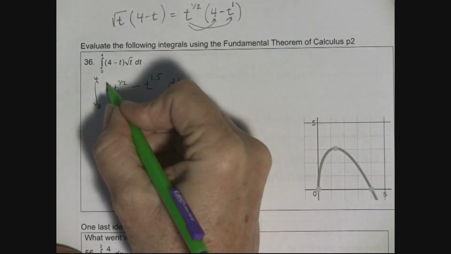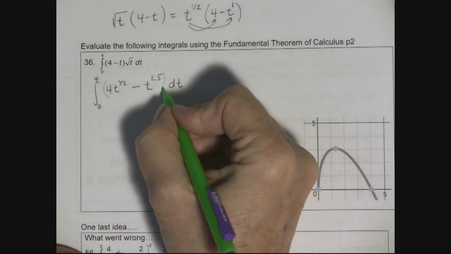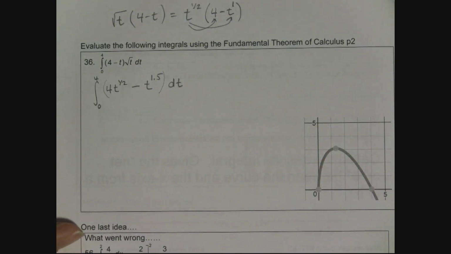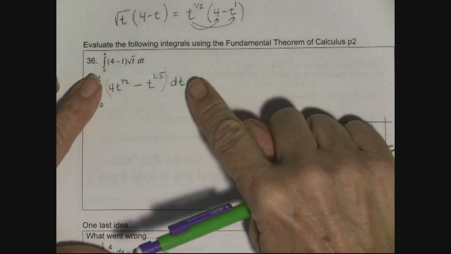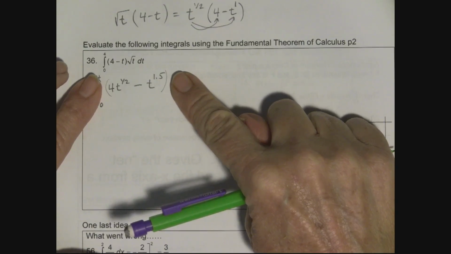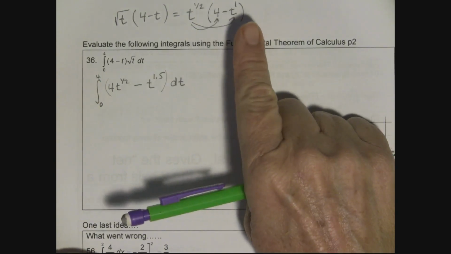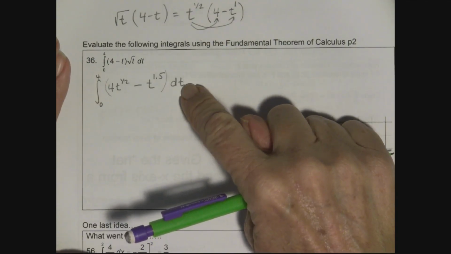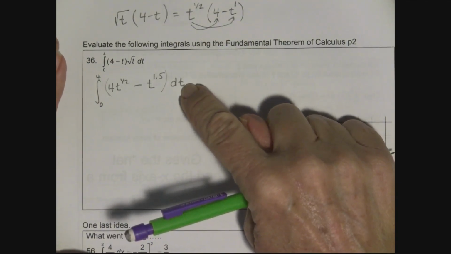And then technically I would need parentheses around this, but I don't get too crazy about it, I have to admit, because I'm trying to take the antiderivative between those two symbols. dt is a symbol and the integral symbol is a symbol. This tells me to take the antiderivative with respect to t.